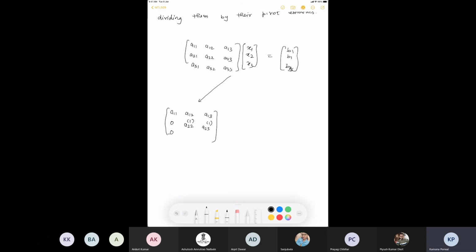This will again be 0, and here I will have the modification of this entry, and this equals B1, B2 prime and B3 double prime, right? So this is what we get as a result of Gauss elimination.